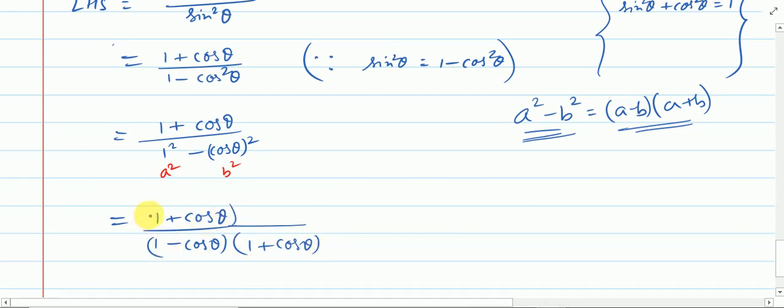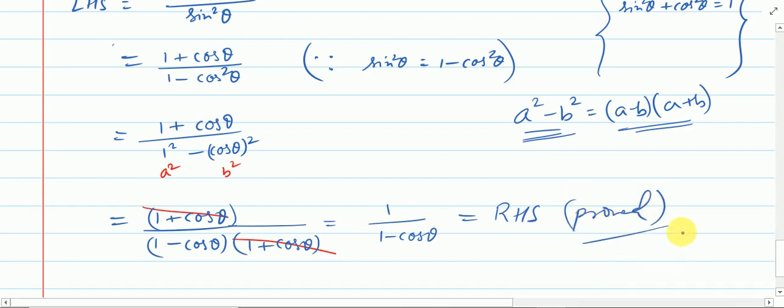In the numerator you have 1 plus cos theta, and in the denominator, in multiplication, you are getting 1 plus cos theta. So these two will cancel. You are left with 1 upon 1 minus cos theta. This is what we were looking for. So it is proved. Done.